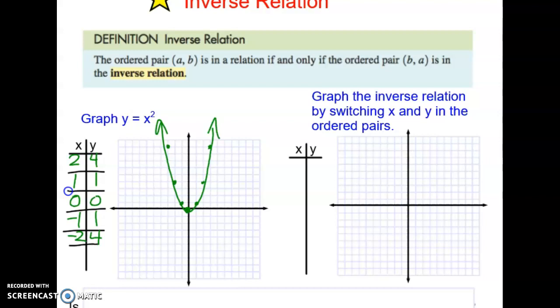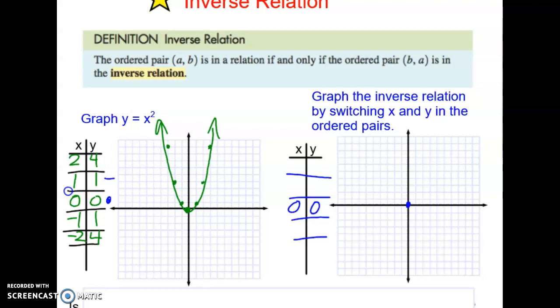So what happens when I make the inverse of a thing, I just swap the points. Say, for example, I originally had 0, 0. Well, in my new graph on my inverse, if I swap the points, that's still 0, 0. So I'm going to graph this, and that'll all be fine and good.